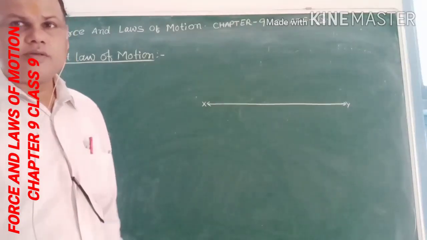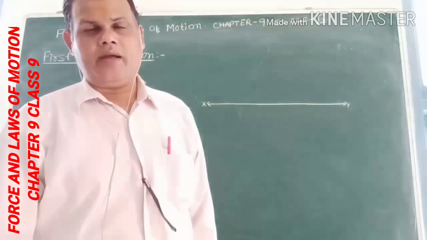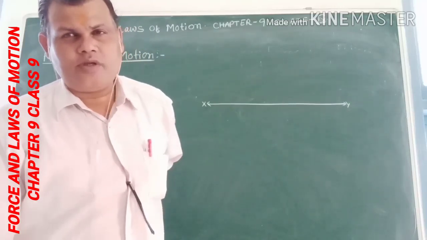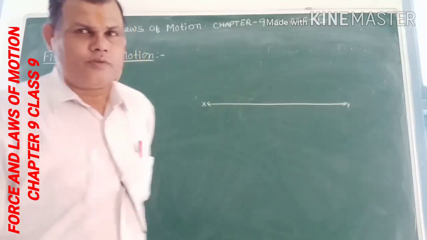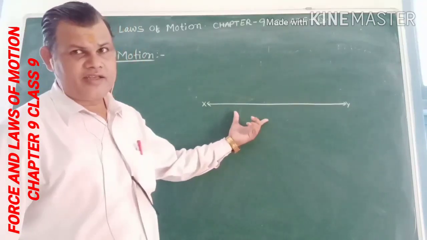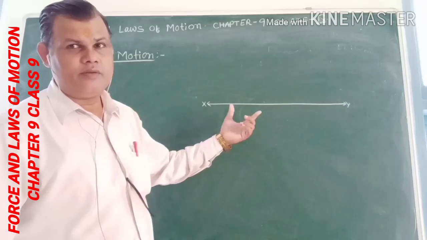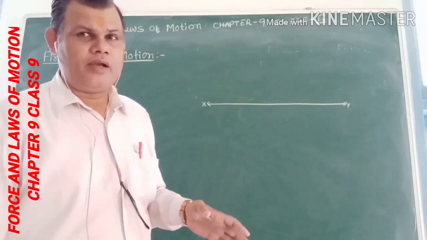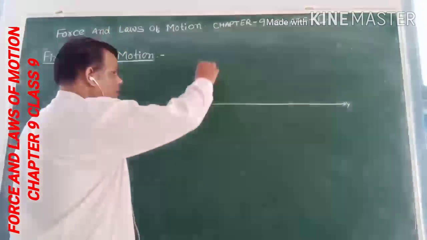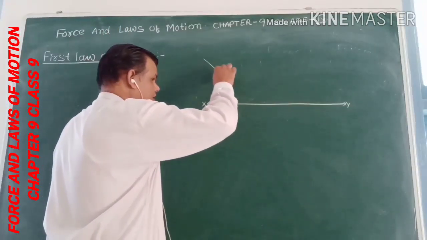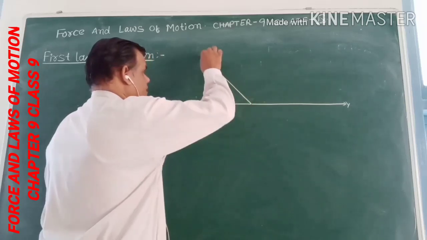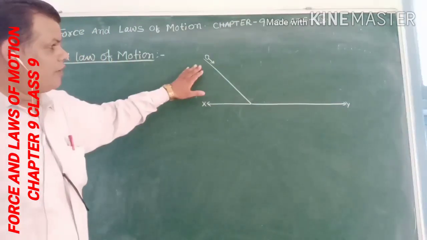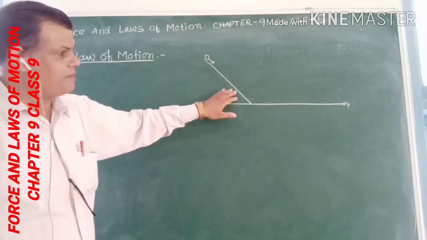In this, Galileo had experimented a lot to explain what actually happens. Suppose we are taking an XY plane, and suppose it is a frictionless plane, and a marble is released on this floor with an inclined plane.